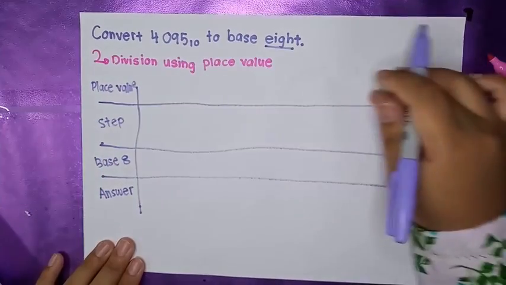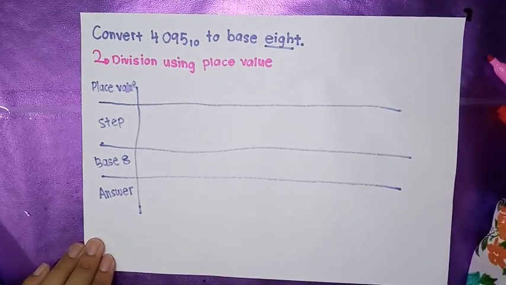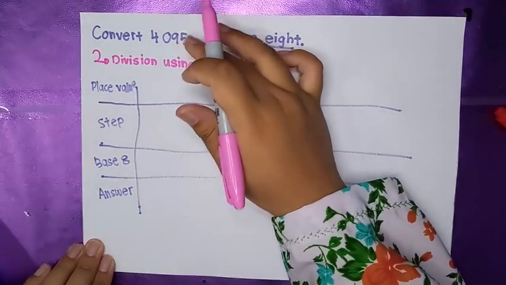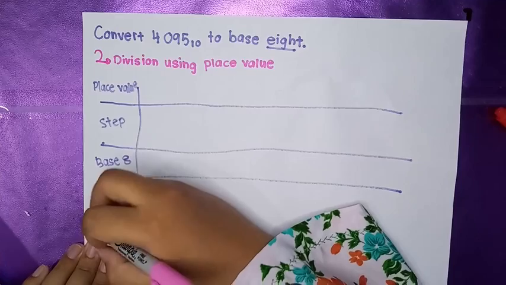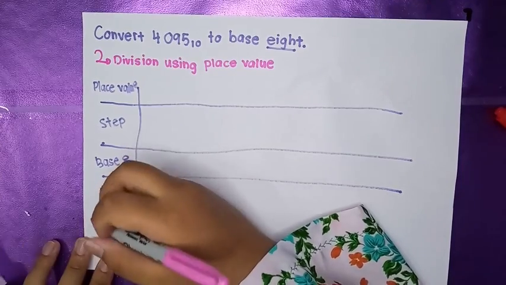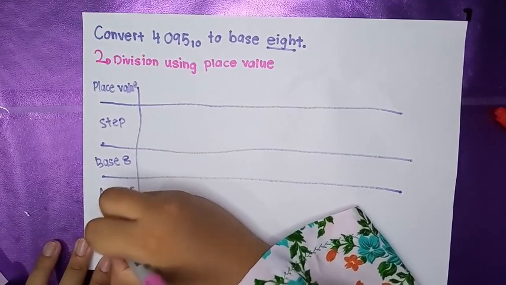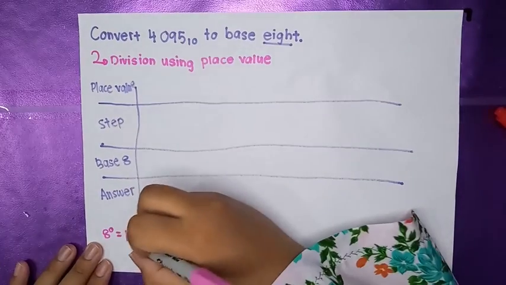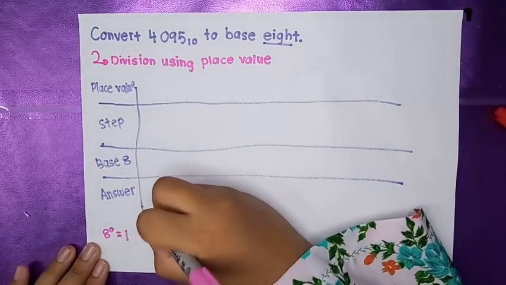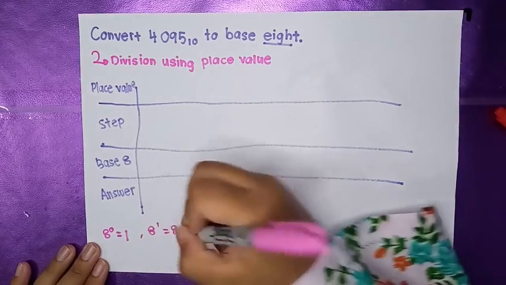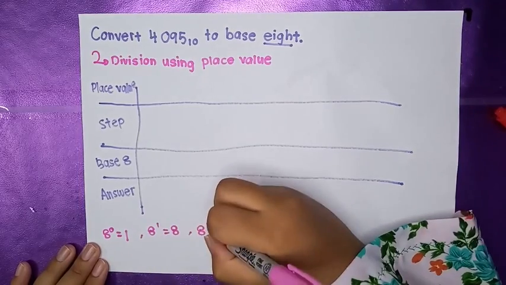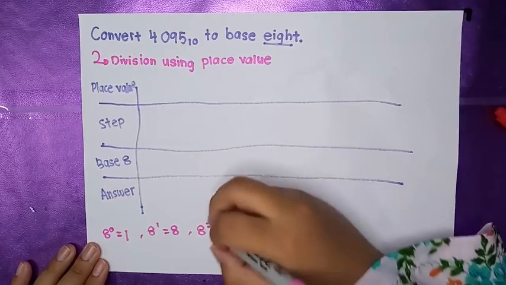Before we fill in the place value, we need to determine the place value that is higher than this number, and then we're gonna stop. Okay, 8 power of 0 equals 1. 8 power of 1 equals 8, and so on until we find it.